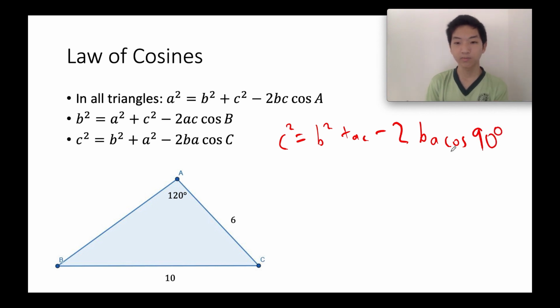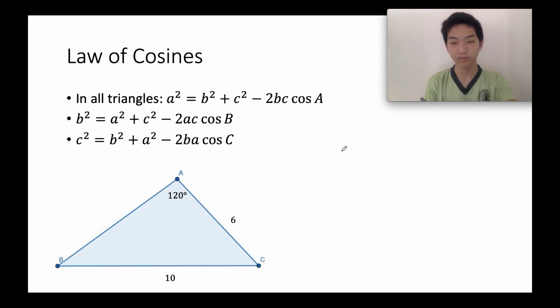However, you must also remember that the cosine of 90 degrees is equal to 0. Well, anything times 0 is just 0. So this entire thing would be 0. So as you can see here, you have the Pythagorean theorem. C squared equals B squared plus A squared. So anyways, it's not that important to remember that, but it's just something interesting to notice.